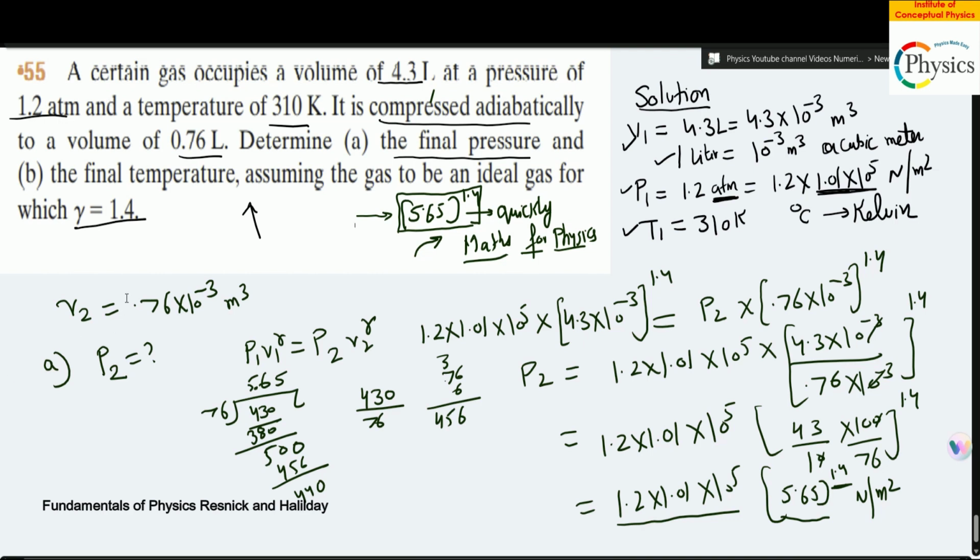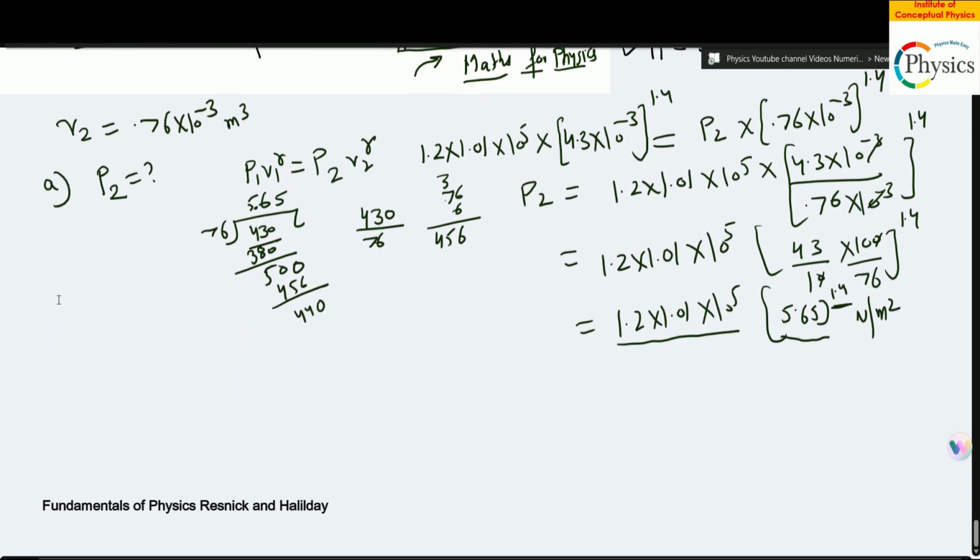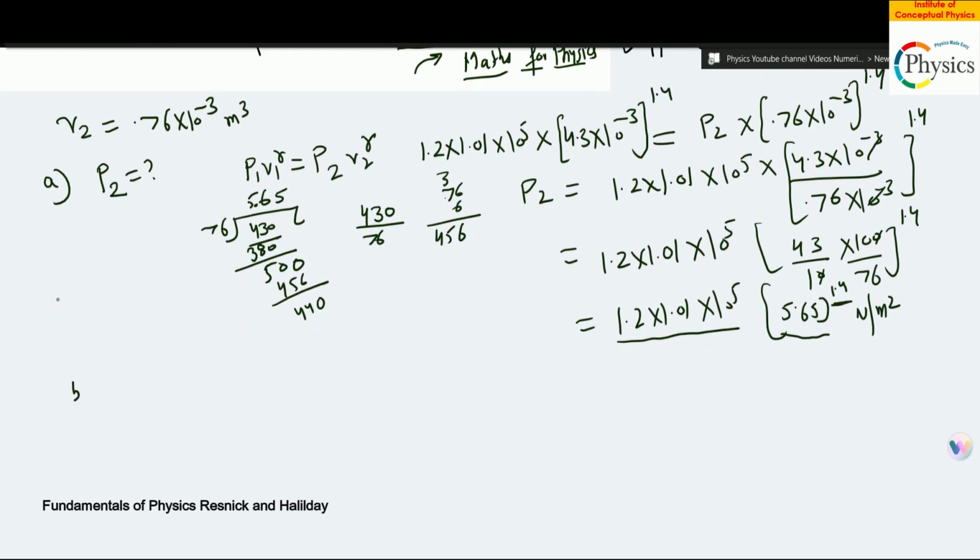Let's go to the second one, right? The second part is you have to find the final temperature. All right, so B is T2 is equal to how much, right? So I told you we have a formula T V raised to 1 minus gamma is equal to constant, right?